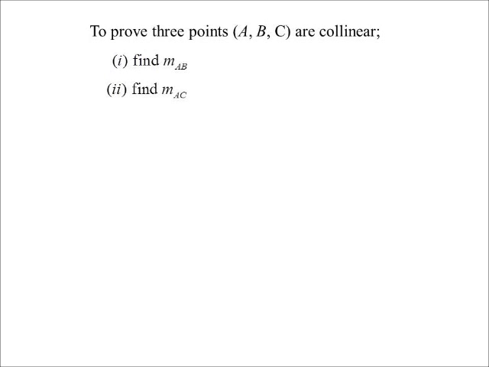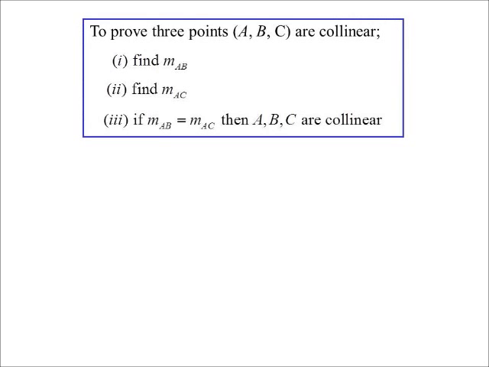Then do a different pair. So I did AC. Now, if they're equal, I know those 2 lines are parallel. However, they've got a common point. So therefore, it's got to be the same line. So that's enough to show they're collinear. If those 2 slopes are equal, then they've got to be the same line. They've got to be collinear.